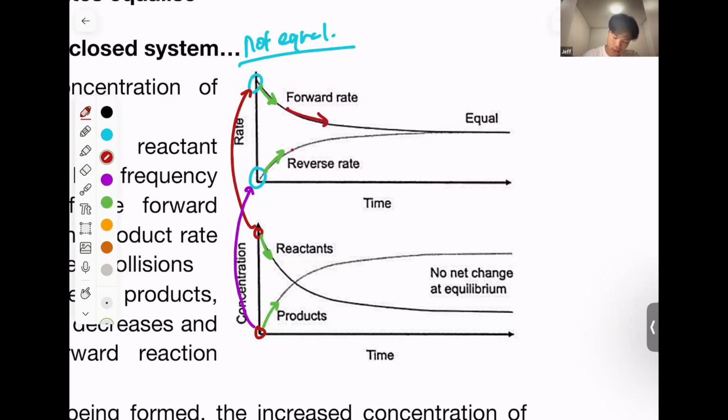And then as the two reactions continue to proceed, eventually you get to a point where the rates equalize and the reactant concentration stays constant while the product concentration stays constant as well. Okay. Any questions there?